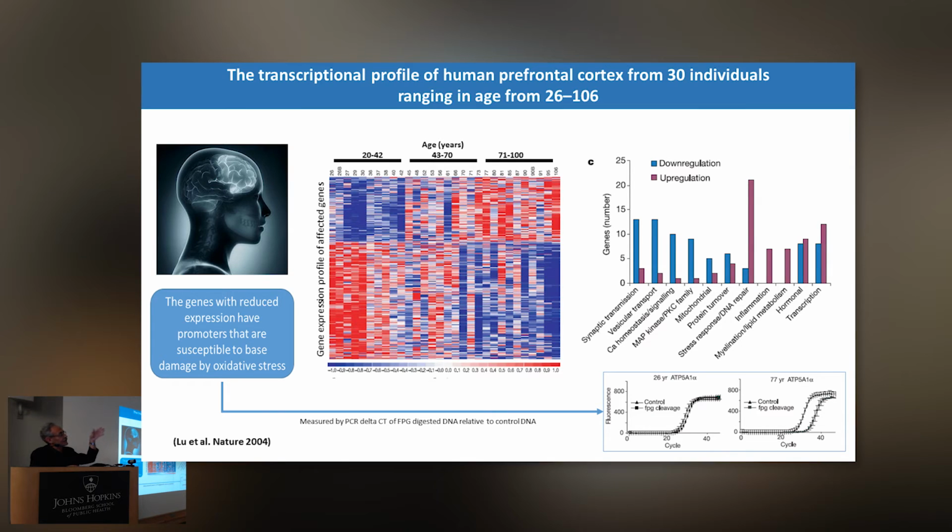And then it nicks the DNA at that point. So then the PCR reaction slows down, and the delta of the CT, which is shown here, tells you how much oxidative damage happened. And this is what they showed, and you can go deeper into this paper. It shows, in fact, even the increase in DNA damage with aging for each of these genes which were downregulated.